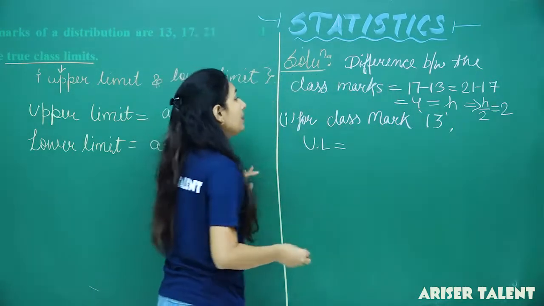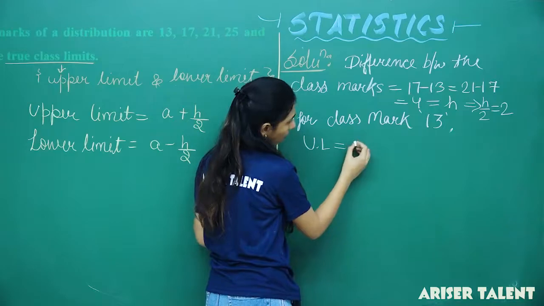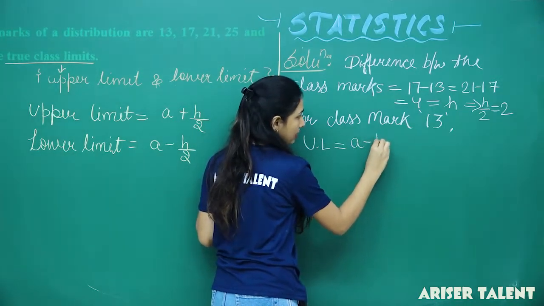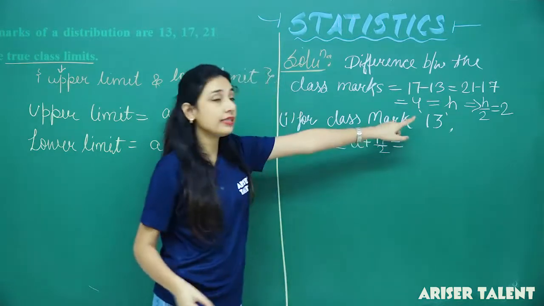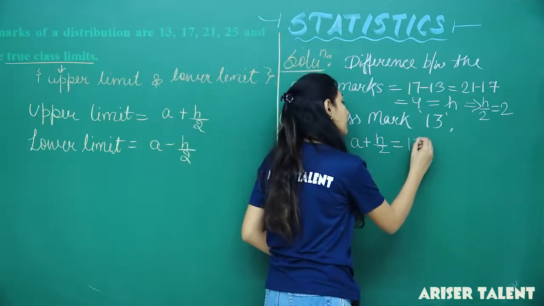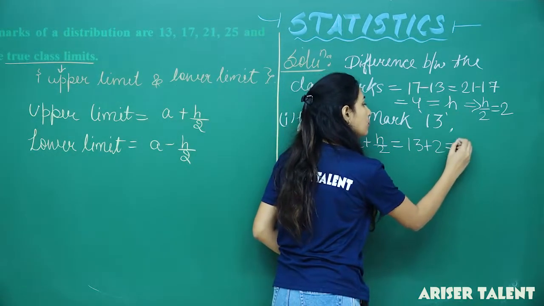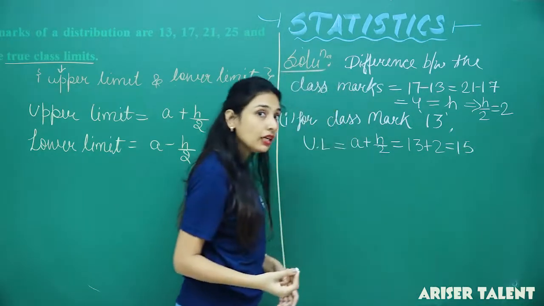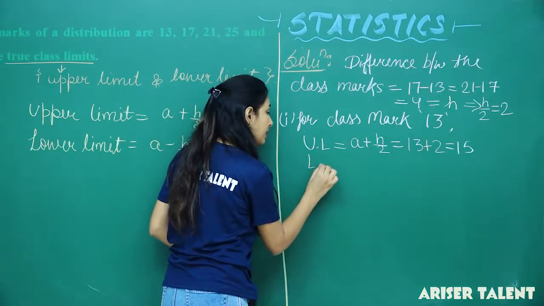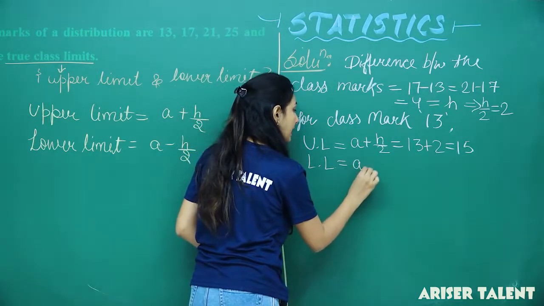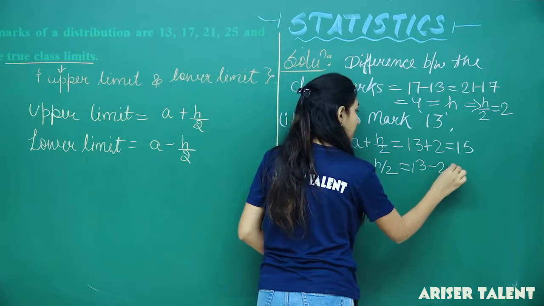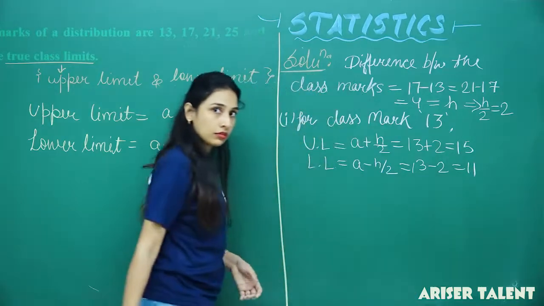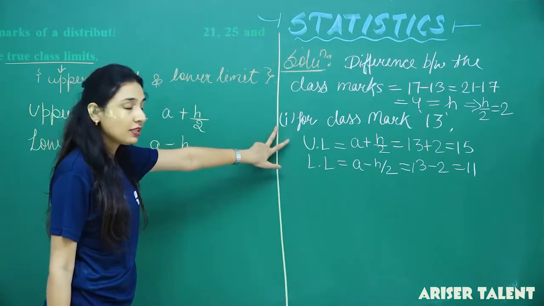So, upper limit will be equal to A plus H by 2. Now, A in this case is 13. So, 13 plus 2 will be equal to 15. Similarly, the lower limit for this will be A minus H by 2, which is 13 minus 2, which is 11, isn't it? This is for class mark 13.